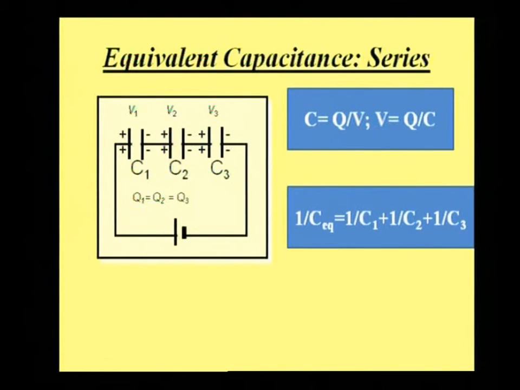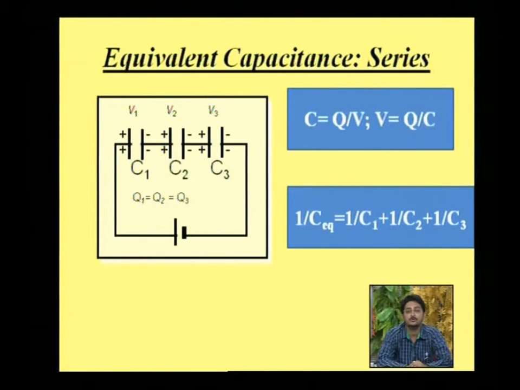This is the equivalent capacitance in series form. C equals Q by V. This is our common equation. So we just have to find the voltage. Then we can write V equals Q by C, where Vt equals Qt by Ct, with respect to total capacitance, total voltage and total charge. So now, using that equation, V1 equals Q by C1, V2 equals Q by C2, and V3 equals Q by C3.